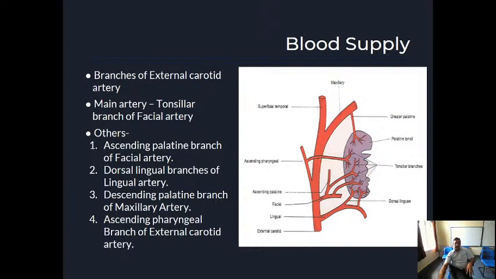And the blood supply, of course, the major blood supply is from the facial artery, the tonsillar branch of the facial artery. That's the major one. And you have small contributions from the ascending pharyngeal artery and descending palatine artery, which is a branch of the maxillary artery.